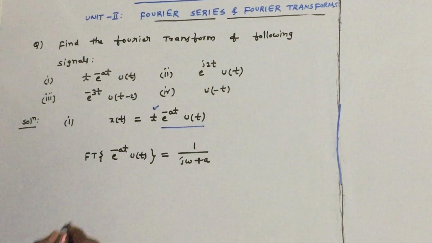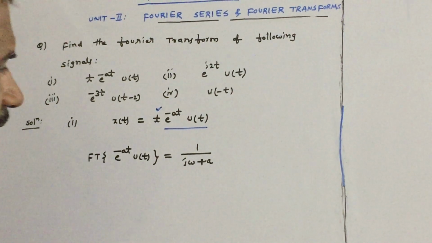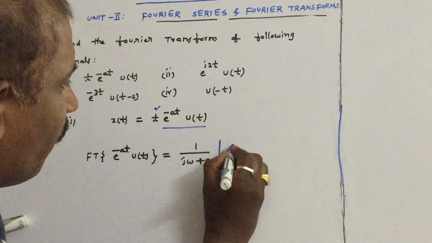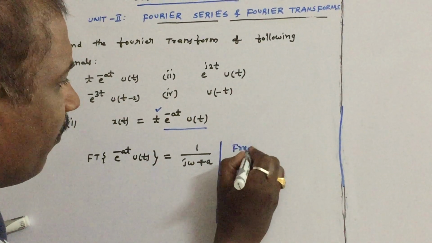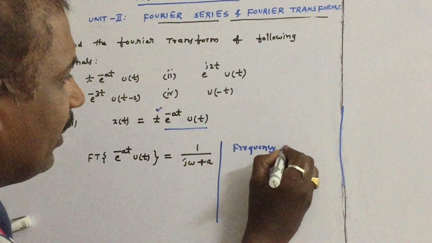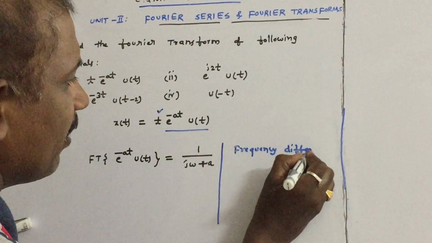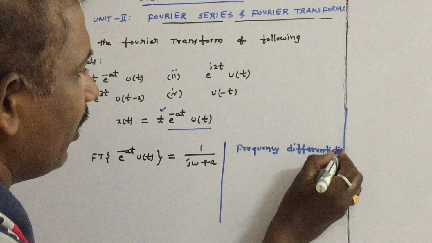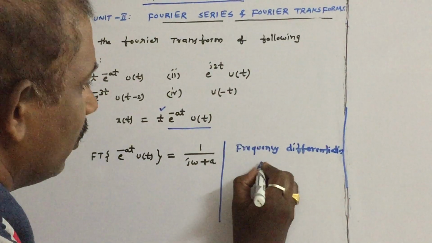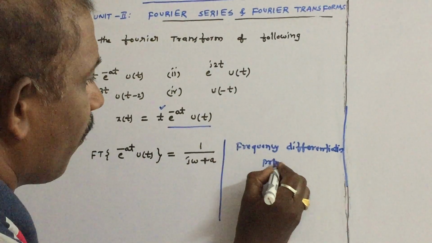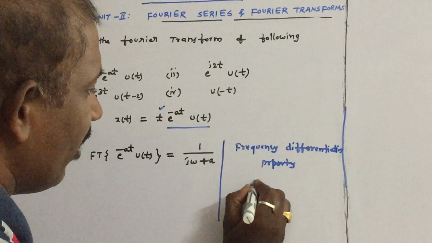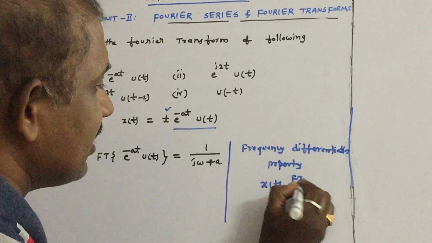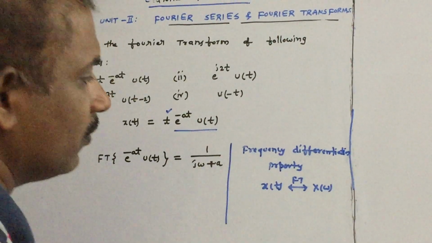So now, we have discussed one very simple property, the frequency differentiation property. What we have written: x of t's Fourier transform is x of omega.